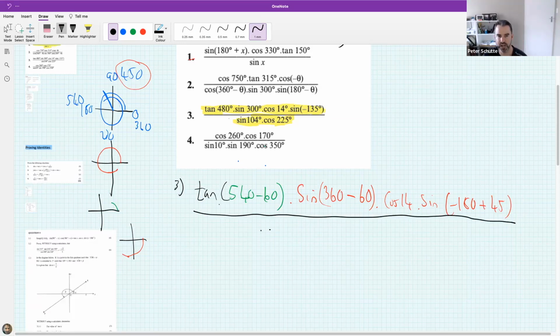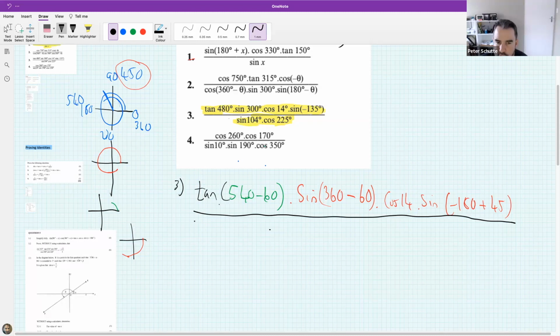So I'll give a bit more time for the bottom line, but let me know if you have questions about the top line here. Morgan says 480 minus 60. You can't do that, Morgan, because you need to tan 480 minus 60. You would get to 420.